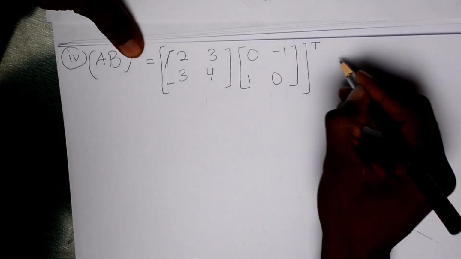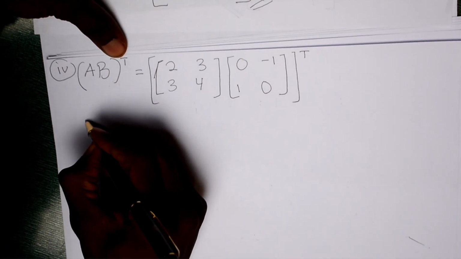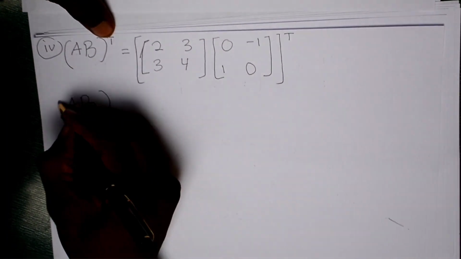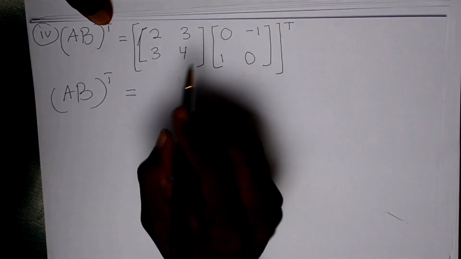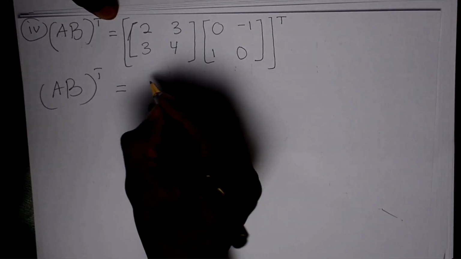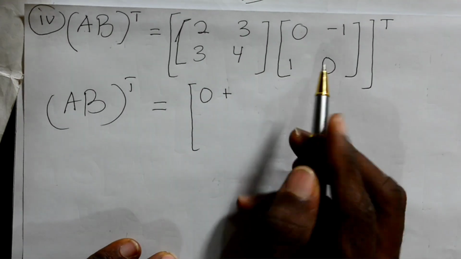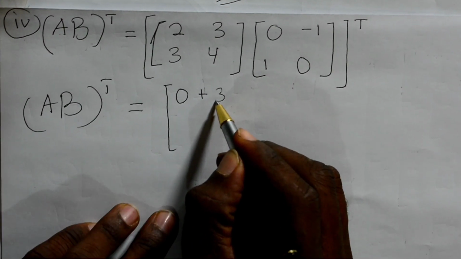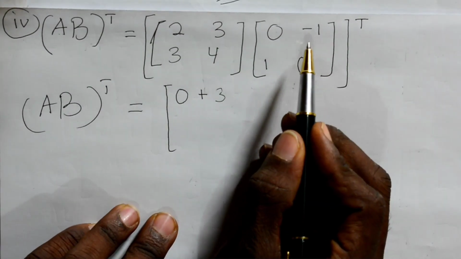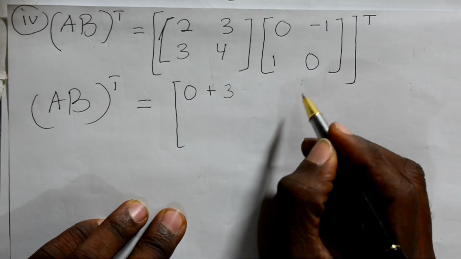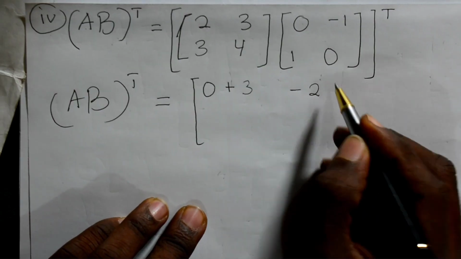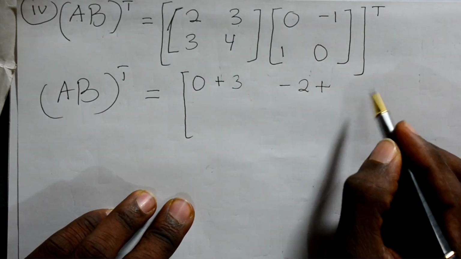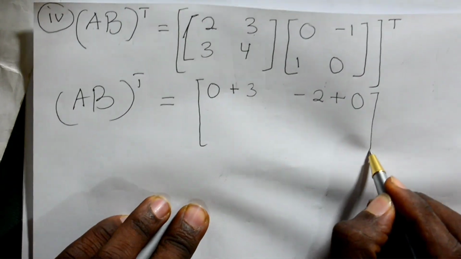So now these will be (AB)ᵀ: 2 times 0 plus 3 times 1, 3. Then 2 times minus 1 minus 2 plus 3 times 0, 0.